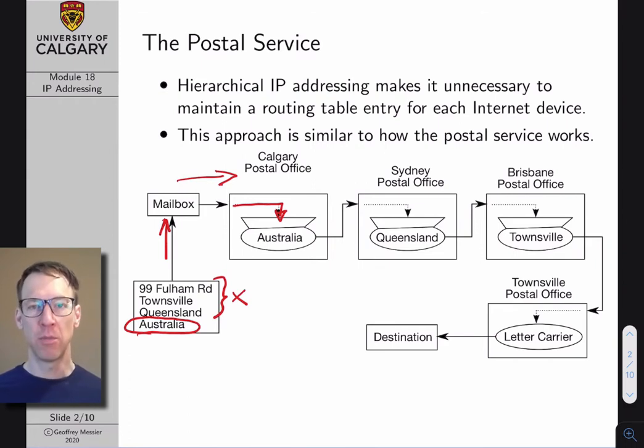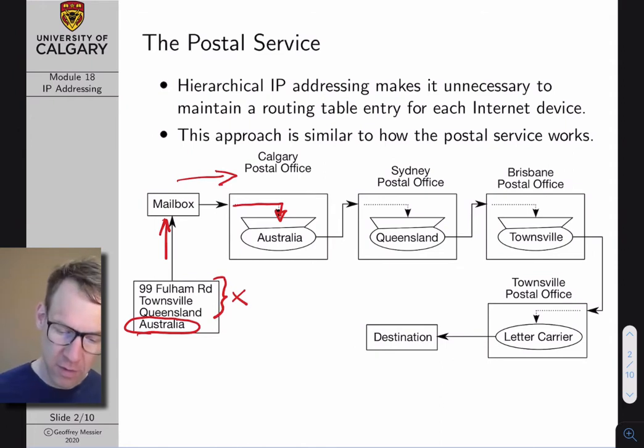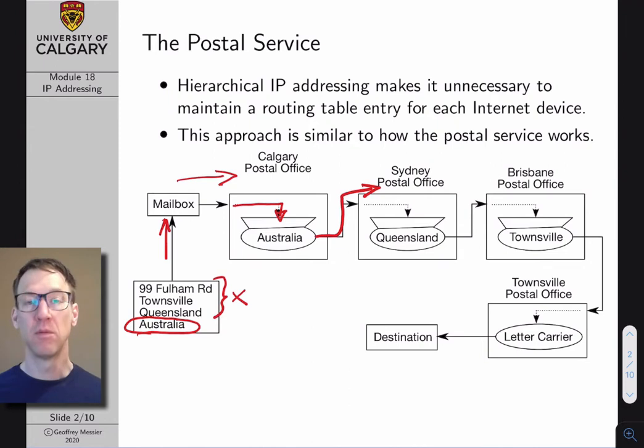They're loaded on an airplane in Calgary. That airplane takes off and flies across the ocean to a post office or a letter sorting facility in Sydney, Australia. Let's say that's where the Canadian international mail is received.